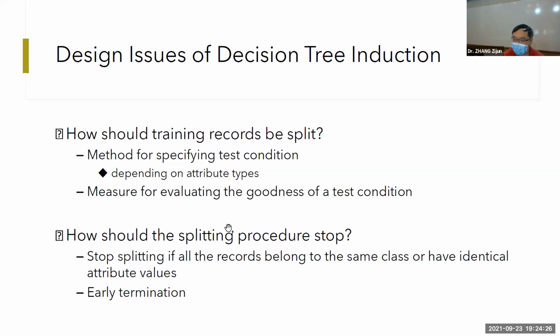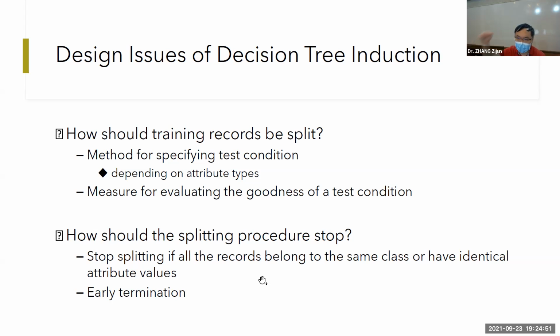And how should the splitting procedure stop? We continuously select parameters as nodes to split to grow the tree, so when will be the time to stop our induction or training process? We will usually stop splitting if all the records belong to the same class or have identical attribute values.